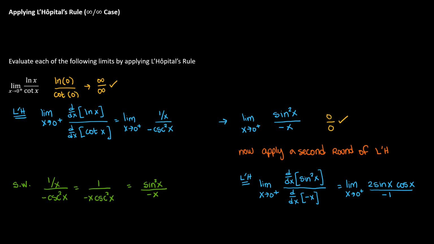So we had to do the scratch work so that we could rewrite our limit, producing an indeterminate form of 0 over 0, and then applying L'Hopital for a second time so that we could get that constant in the denominator and eliminate any possibility for another indeterminate form to occur. Now we can do direct substitution, and we see that the limit is equal to 0.